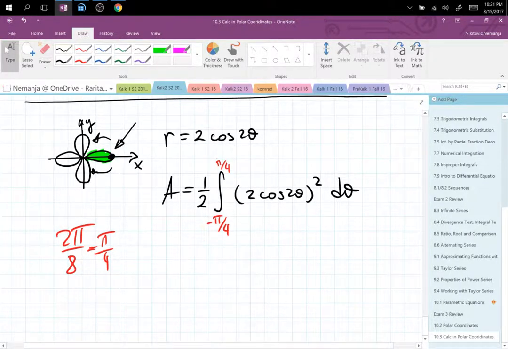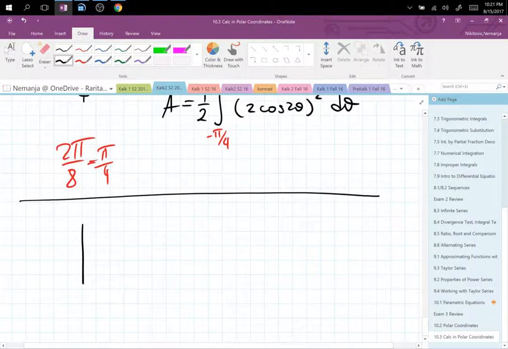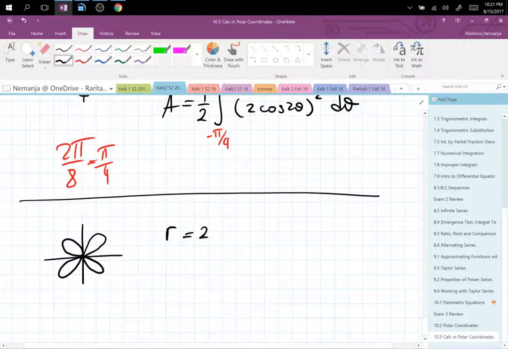Now for the same graph on sine, it's like this. It's a different story now. And this is where we end. How many symmetric things do you have? You have 4.